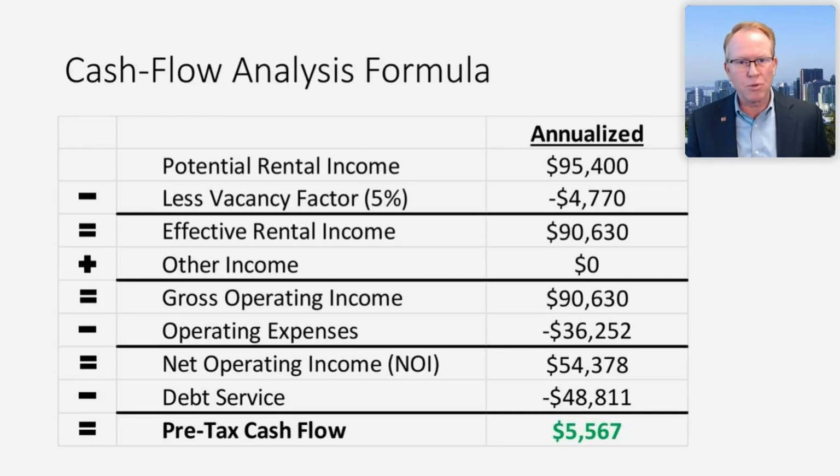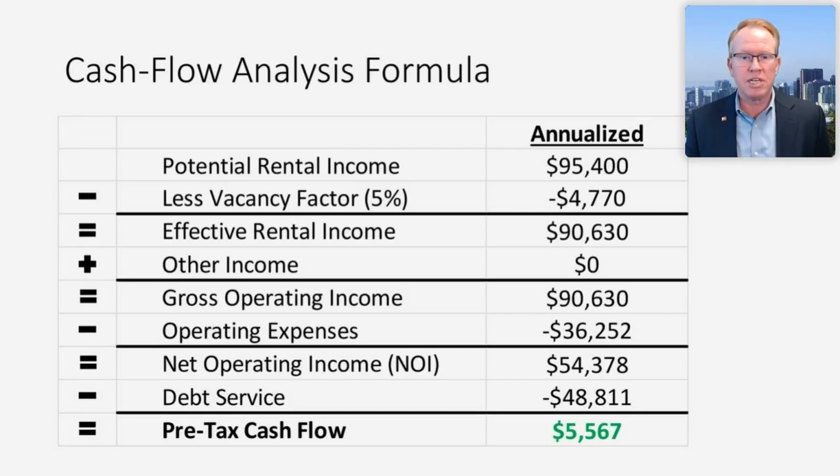But once you go through this entire process, you start off way up there at $95,400, but you go through the list, and by the time it comes out of the wash, so to speak, with all of the expenses that are involved, you're really only generating a pre-tax cash flow of $5,567. That's a surprise to a lot of folks, because they think they're getting 95,000, but the reality is we haven't really analyzed what their expenses are.